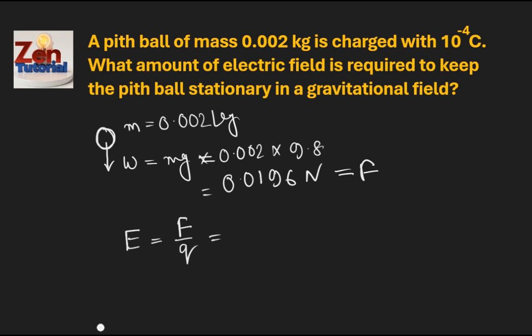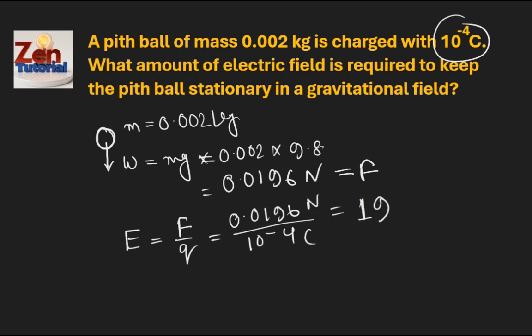So this is 0.0196 and Q is 10 to the power minus 4 Coulomb, and this will be Newton. So the electric field will be 196 Newton per Coulomb. So this is the answer for the electric field.